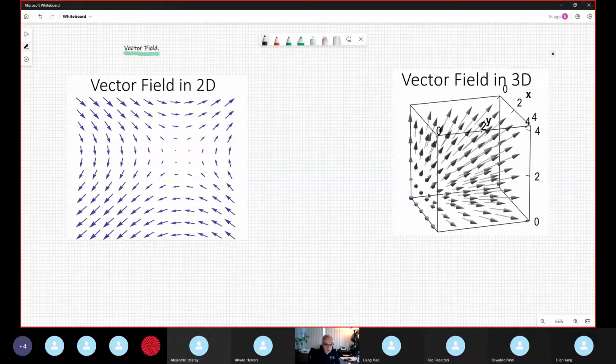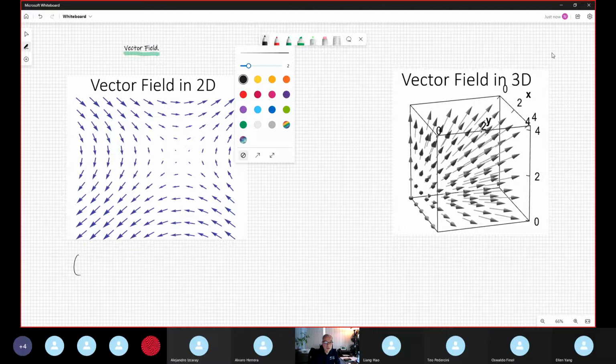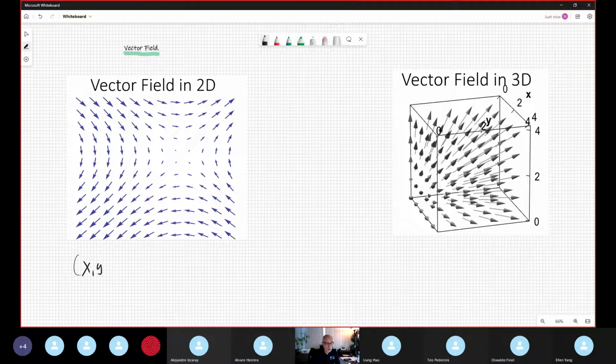It's a function in which you assign to any point, let me use here number 3 is better, x, y point, you associate, for example, any point here, one vector. And the vector is formed by, in this R2 function, P(x, y), Q(x, y).